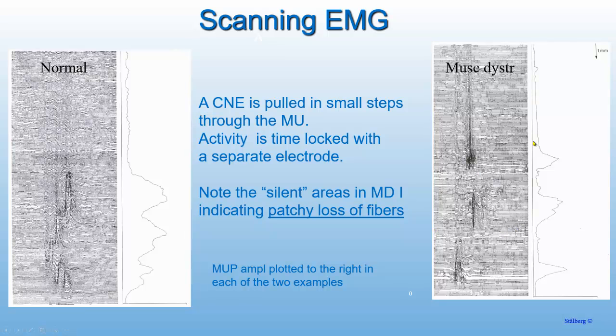We can look at the amplitude profile here, and we see how it goes down at some areas. We have looked at this statistically, and it's quite a true fact.